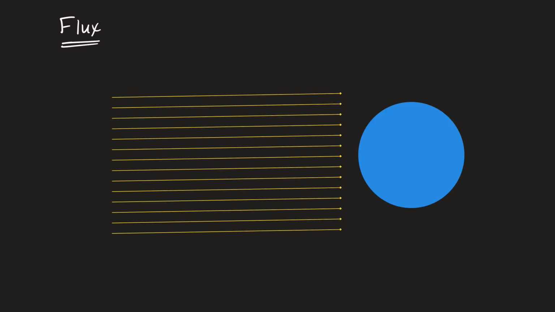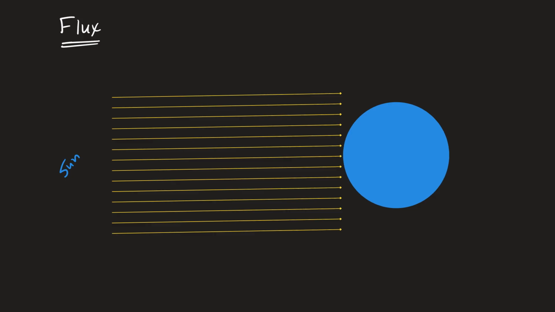There are lots of different ways of describing flux. One of the more common ones, the ones that you probably know a little bit about, is energy flux. So the rays of light coming from the sun, all nice and uniform, parallel because the sun's so far away, make it to the earth.